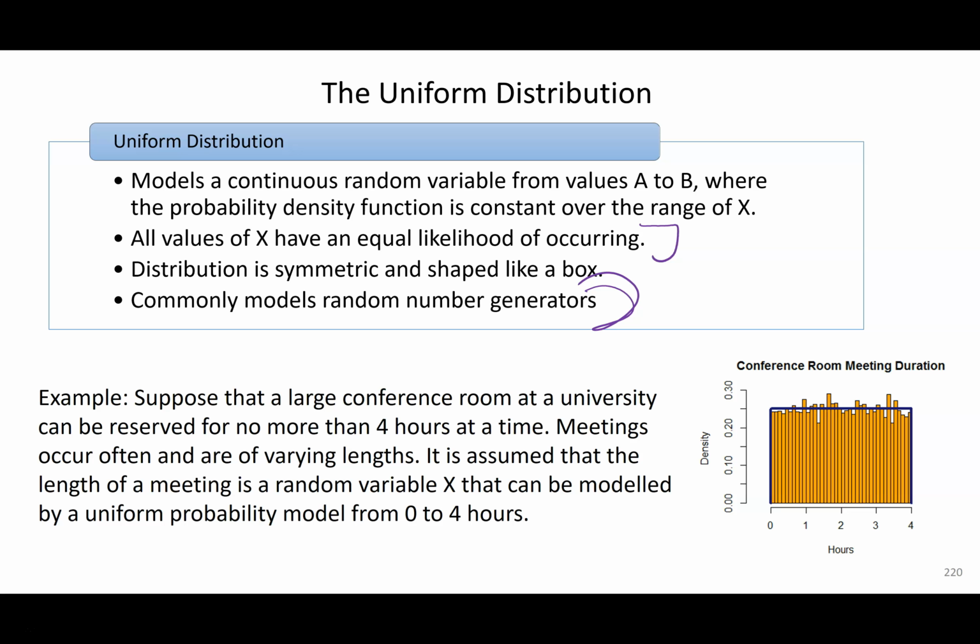So we can model it with a random variable x, the meeting duration. It can go anywhere from 0 hours to 4 hours, although it's probably not worth reserving the room for 0 hours. But you can. It's not quite exactly this rectangle, but the rectangle is a really good approximation for it.